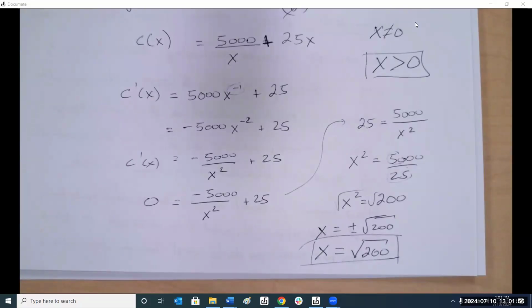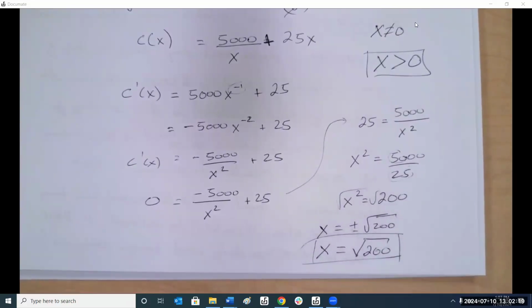Okay, so the question asked, how much material should be delivered each time? And how often should the material be delivered to minimize her average daily cost of production? So that's the amount because we had no other choice. And then we just calculate it.